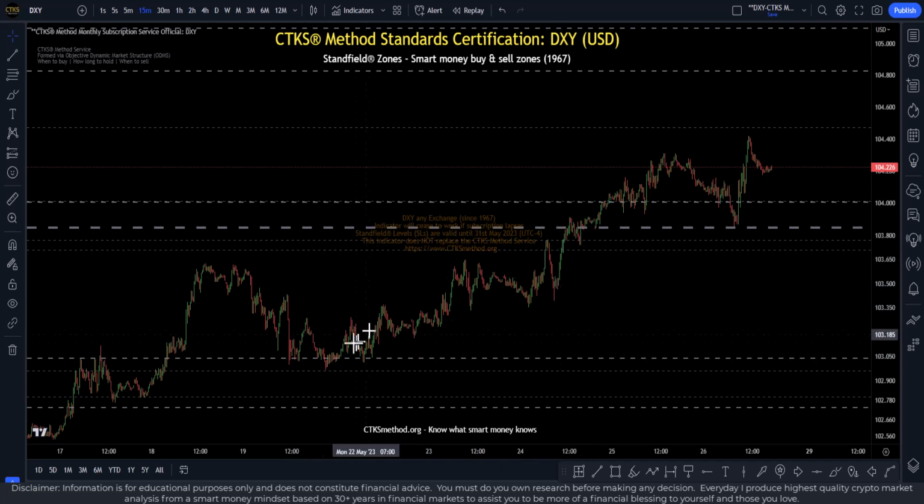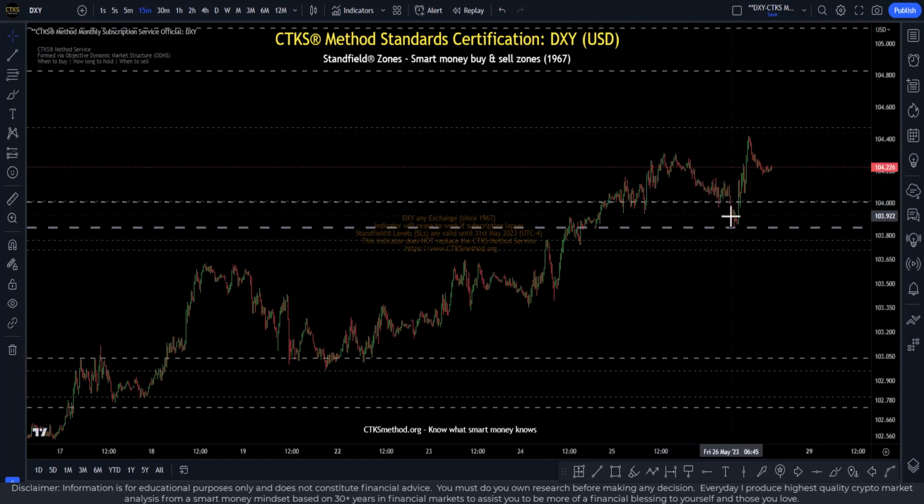We saw a lot of positive momentum trying to get through here. Notice this particular sell down as it got closer and closer to this area of stronger smart money sell resistance. Remember, these lines are drawn up since 1967. It's a very, very scientific method. And we managed to get above that DXY smart money sell area and then stopped out here.